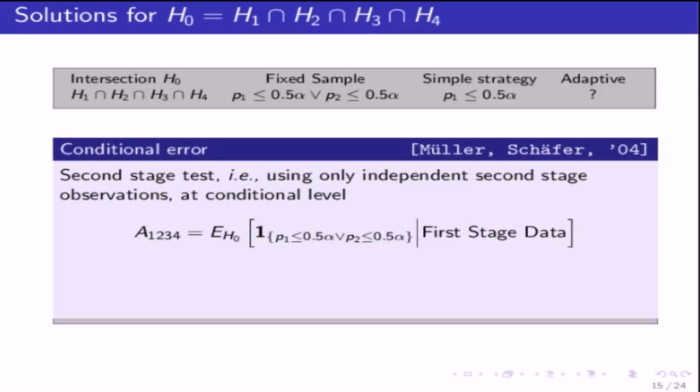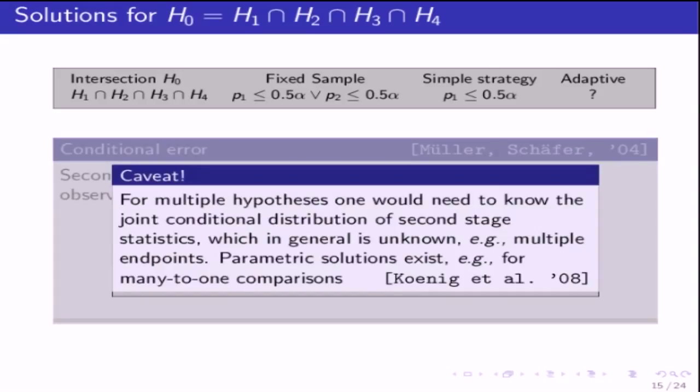So if at the interim analysis your data would be very promising, the conditional level would be higher. If it's not very promising, it would be lower. And Müller and Schäfer have shown if you apply this principle, you will always achieve strict type 1 error control.